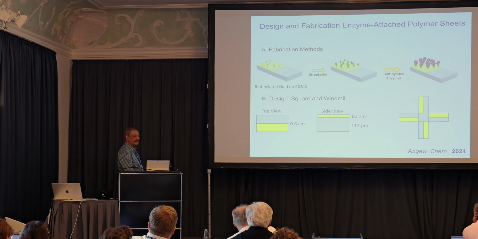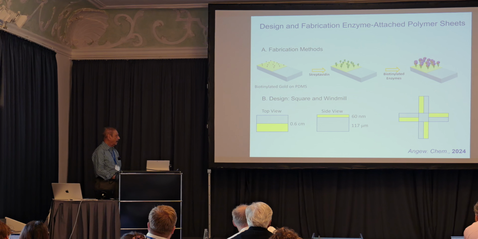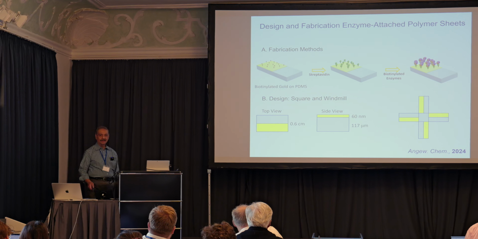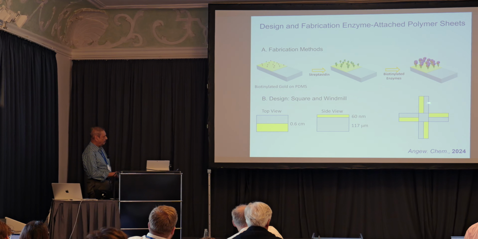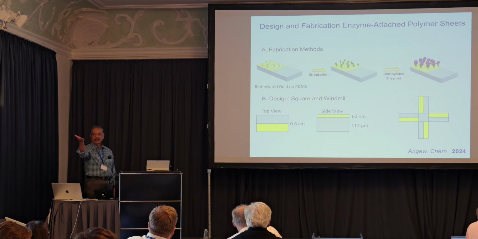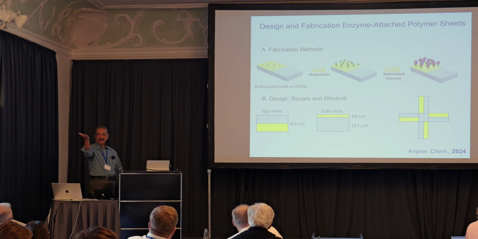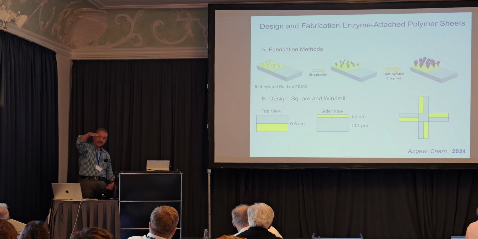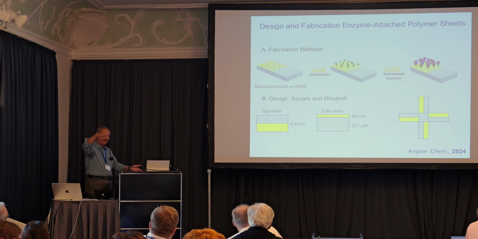So I can take a sheet of plastic, I can half coat it with gold, attach enzymes to it. Okay, so I can make a windmill, for example, and this is unsymmetrically attached, as you can see, and I can take this with the enzymes attached here, put it down like this, add substrate to the liquid, it should turn.